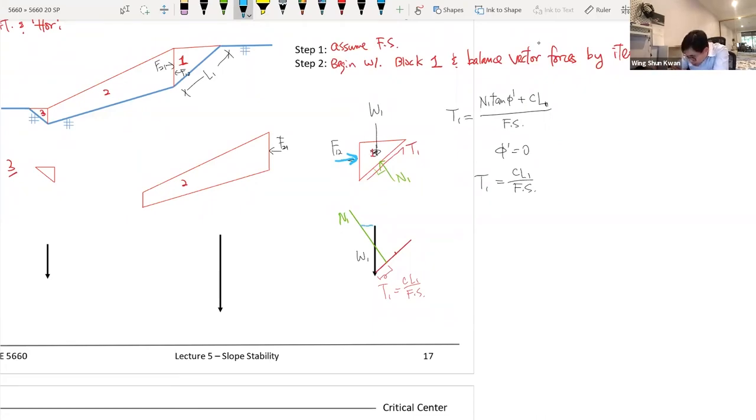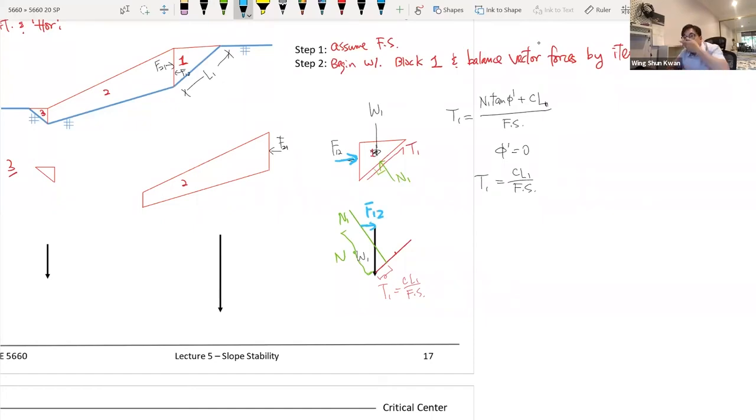So this one must close here. With this, it helps you calculate the amount of N2. So here is the amount of N. And with this method, you can also find out F12.